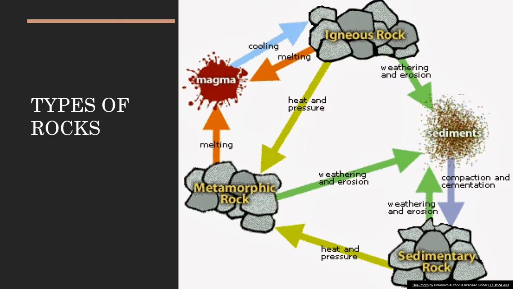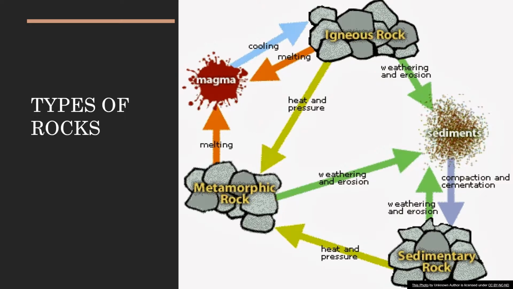So then when igneous rocks are weathered, and weathering means when rain and storms hit the rocks, it makes bits of the rock flake off and maybe come off as kind of powdery.